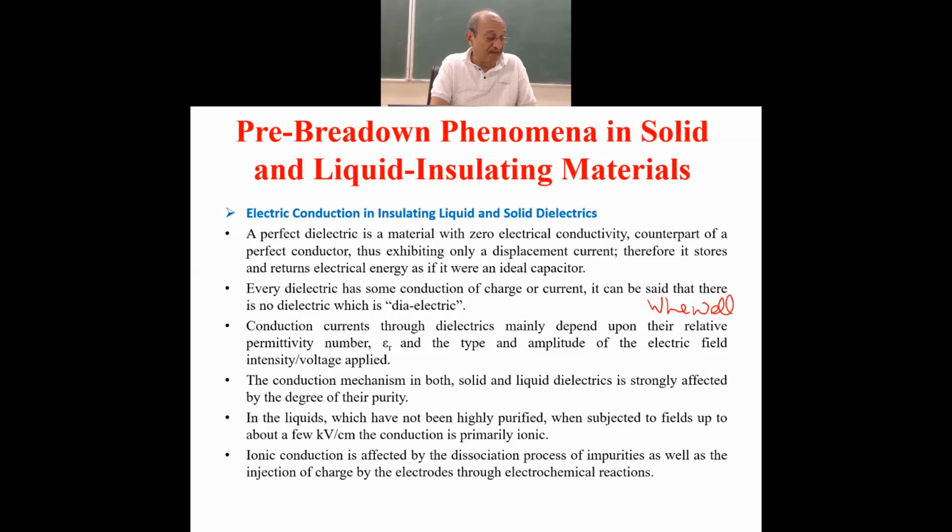Then chemical stability of the material will also affect the pre-breakdown current. Then a very important thing: if some foreign particles or foreign materials are there within the solid and liquid dielectrics, other than the dielectric material.